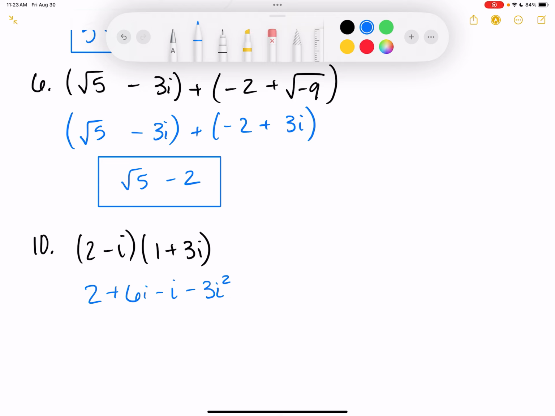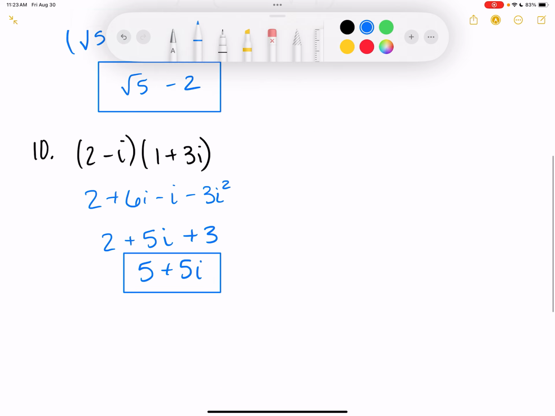So that's going to give me 2 plus 5i, and then what's negative 3i squared going to become? Positive 3. So then I get 5 plus 5i. And all your answers have to be written in this order in standard form to be completely right.